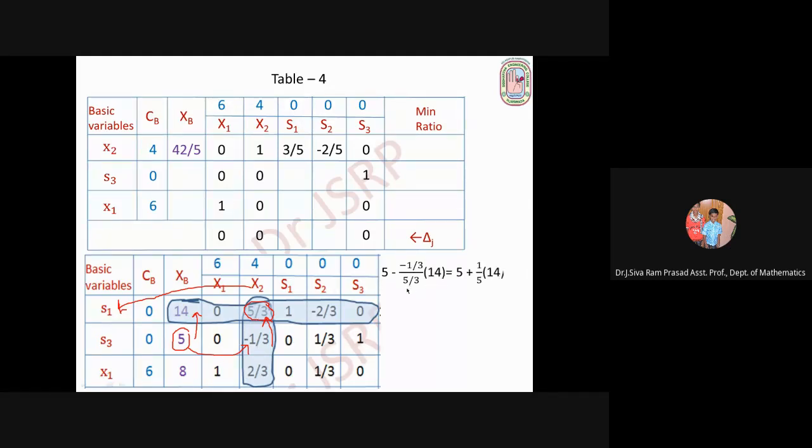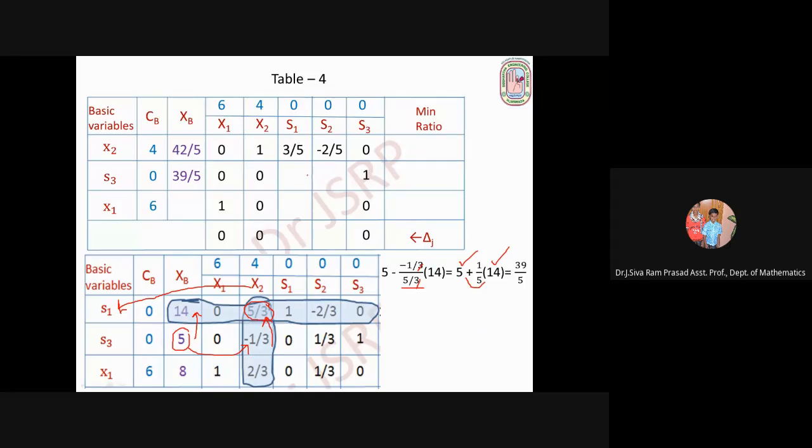First simplify this one: minus times minus is plus, and the 3 gets cancelled. So 5 plus 1 by 5 into 14. This plus 1 by 5 is fixed for this row calculation; you just change the present value and the pivot row value. So simplify: 25 plus 14, 39 by 5. So this value is 39 by 5.